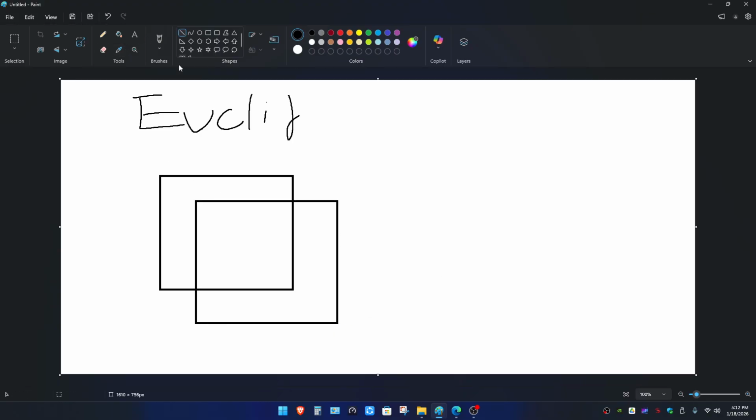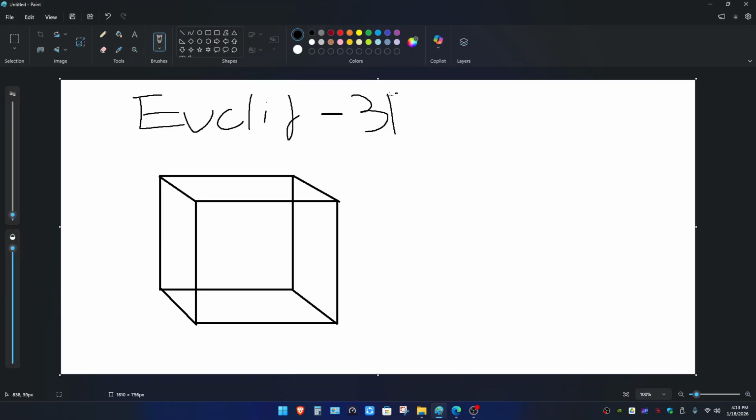Once I have made the cube, the question remains: what is this? This is a Euclid dimension of 3D. In the Euclid 3D dimension, there is going to be up, down, right, left, and back, and front. There will be six parts.